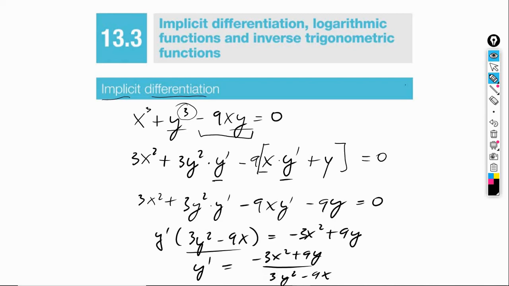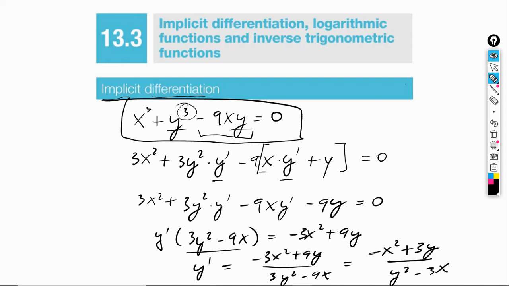And then finally, notice that we can factor out the 3. So this is going to equal minus x squared plus 3y over y squared minus 3x. So this would be the derivative through implicit differentiation of this first expression.